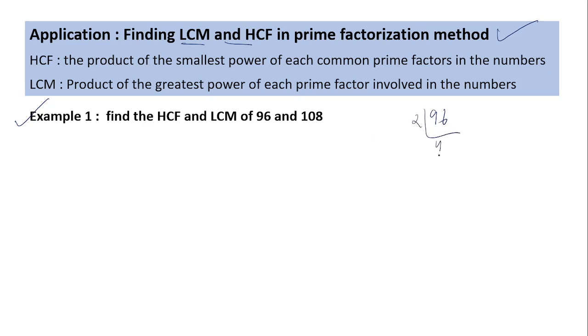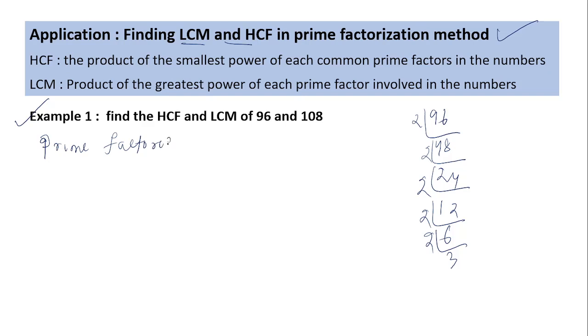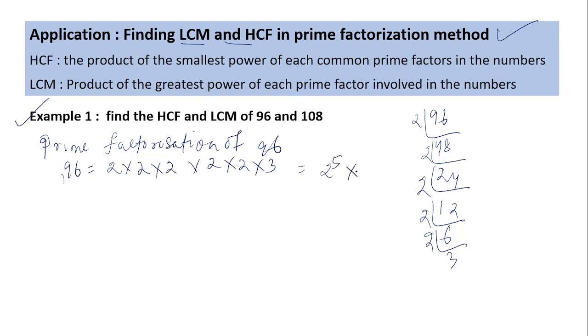Taking 2: that is 48, 24, 12, 6, 3. Then we can write the prime factorization of 96. 96 is equal to 2 into 2 into 2 into 2 into 2 into 3. So we can write this as 2 to the power 5 into 3.